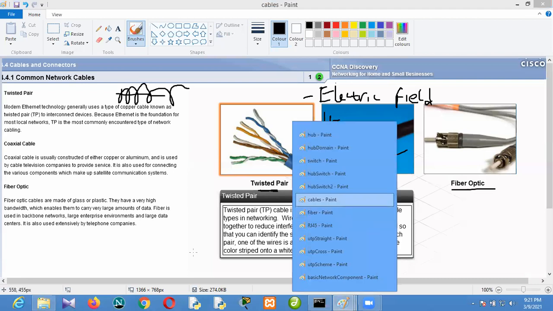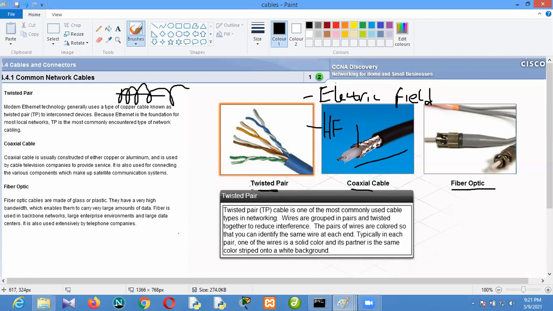Let me put it this way. In twisted pair, we have UTP, unshielded twisted pair, and STP, shielded twisted pair.